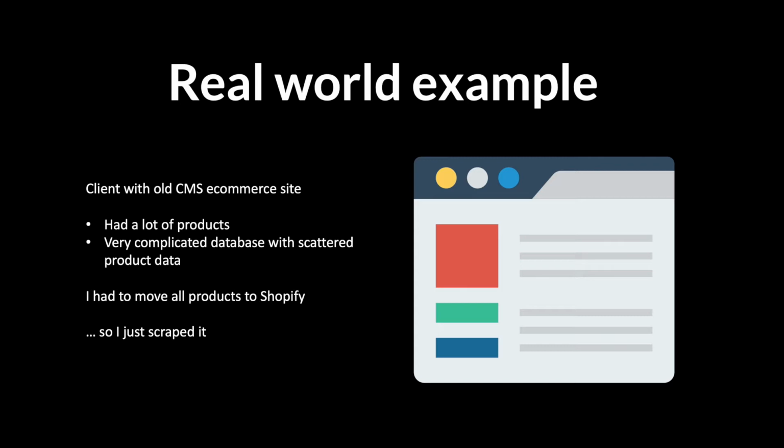I could format it to CSV and import the data to the new store. So instead of spending hours and days figuring out how to extract this data from their old website, which had a lot of extra fields and extra relationships between products, I just scraped it. So let's look at how we can do that.